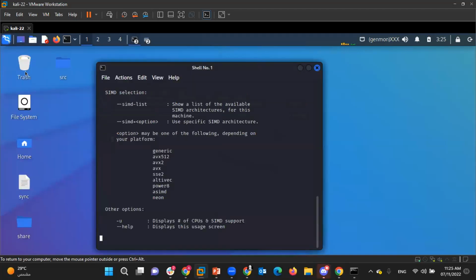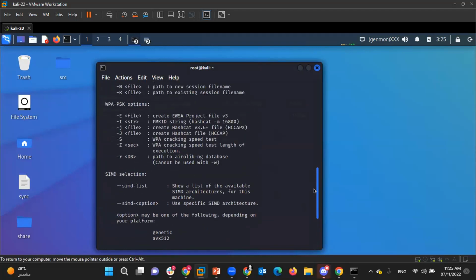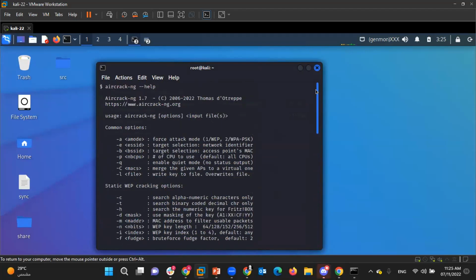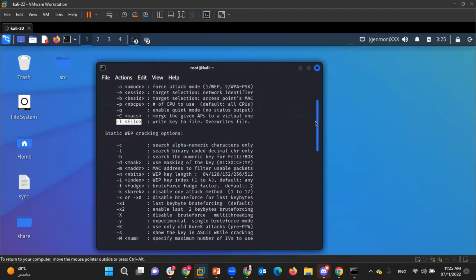Okay, it's here. This is aircrack. Use -help to know about the options you can use in your commands. You use -l when we have a file we need to crack passwords on.